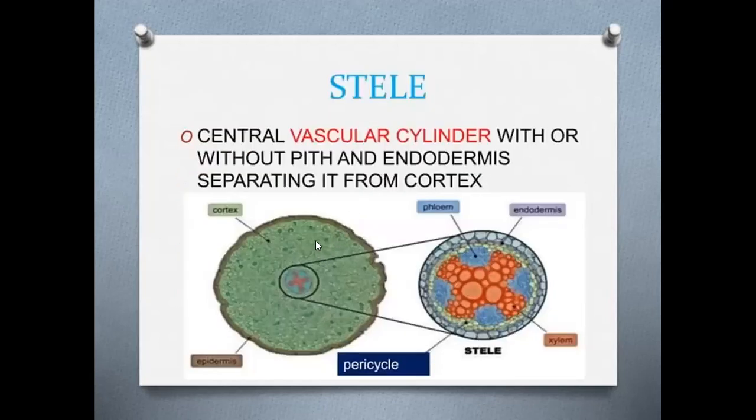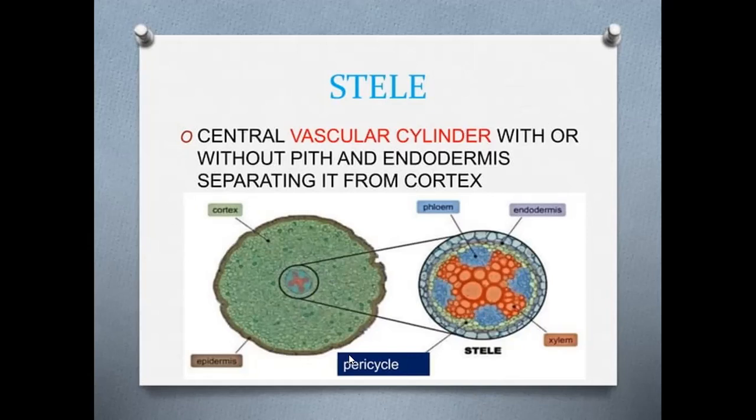Now, first of all, what do you mean by a stele? We are discussing stelar evolution. The stele is the central vascular cylinder. Whenever we take the transverse section of a root, rhizome or stem, we come across this vascular cylinder, the central vascular cylinder, which accompanies the xylem and the phloem.